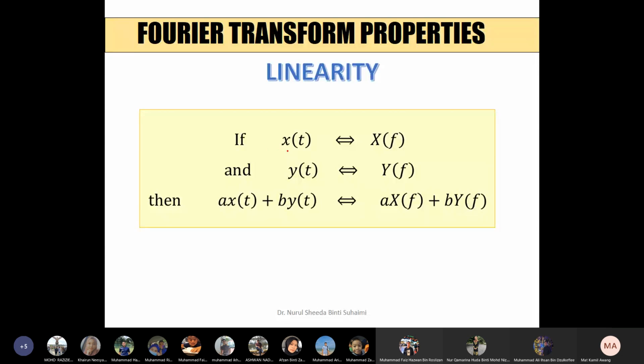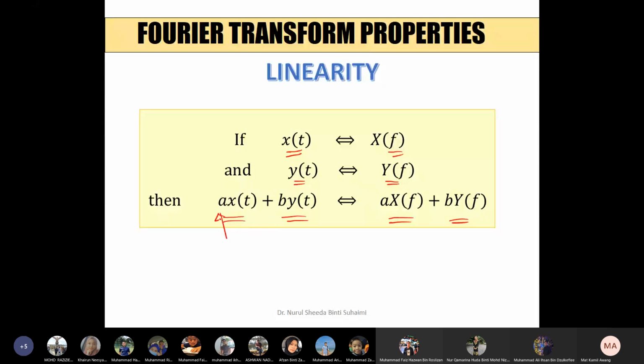Linearity is basically that if you have x of t, transformed by the Fourier transform into the frequency domain as x of f, and another function y of t transformed into y of f, therefore the addition a x of t plus b y of t will give you a x of f plus b y of f in the Fourier or frequency domain. So this is the linearity property.